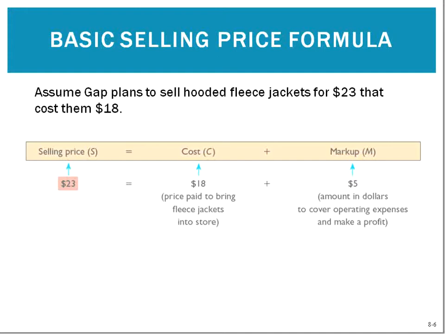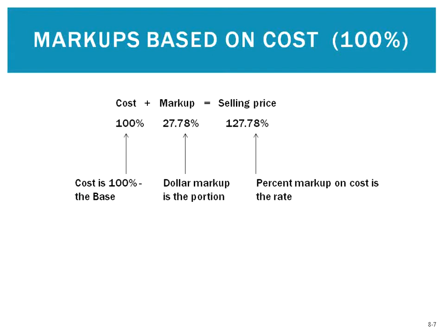How did we get that, if you didn't know how to do this? Say, for example, we replaced that 5 with an M. This is going back to Chapter 5. 23 equals 18 plus M. So we would have said minus 18 on this side, minus 18 on that side, and then we would have gotten 5 equals M. So markup is equal to 5. And that's where we got that number from.